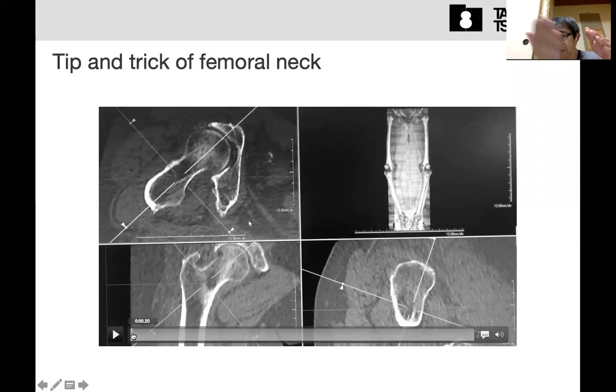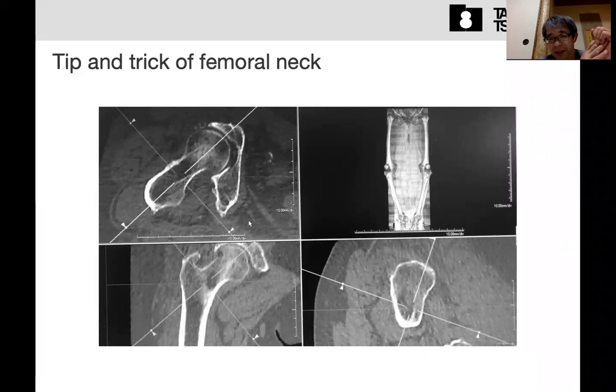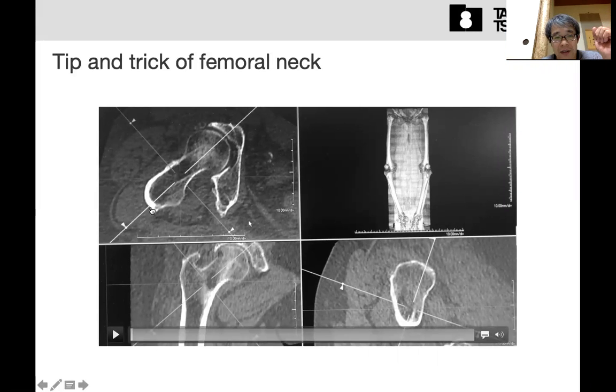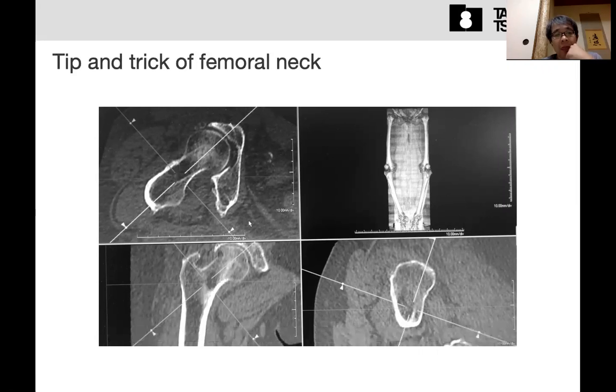This is just the center of the femoral neck. This line is from the shaft center to the head center. It passes slightly posterior to the center of the femoral neck.